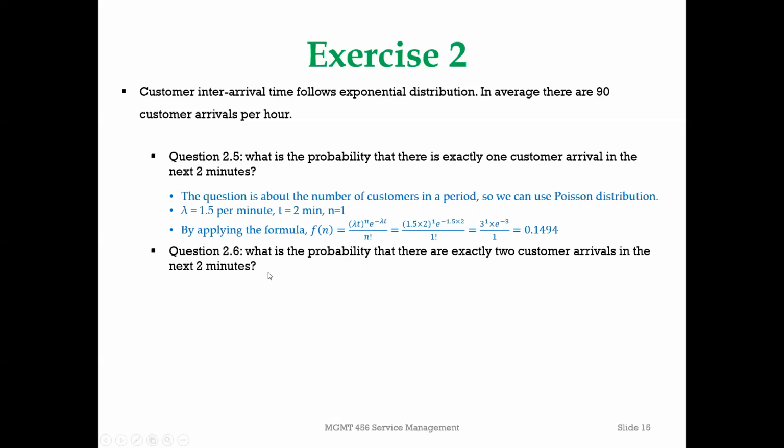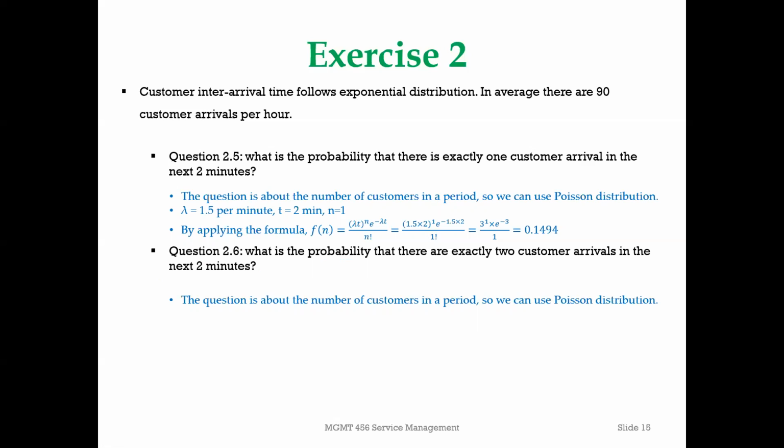The last question, question 2.6. What is the probability that there are exactly 2 customer arrivals in the next 2 minutes? Question 2.5 is exactly 1 customer arrival, and question 2.6 is exactly 2 customer arrivals in the next 2 minutes. You can see these 2 questions are structured similarly. That means for question 2.6, we can also apply Poisson distribution, since the question is about the number of customers in a period.